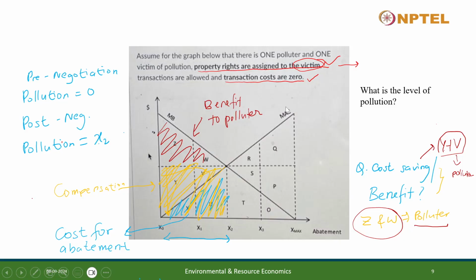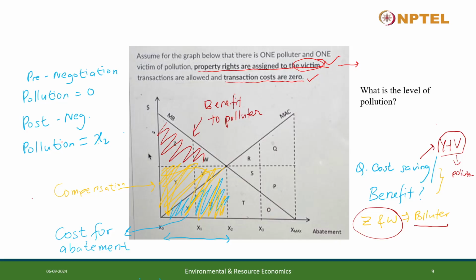In the last lecture, we tried to solve one question on the Coase theorem. In the Coase theorem, we have mentioned that first of all, the property right is given to the victim, and then the transaction cost is zero. And we have to say what is the level of pollution pre-negotiation and post-negotiation. So when there is no negotiation between the polluter and pollutee, the property right is with the victim, so there will be no pollution at all.